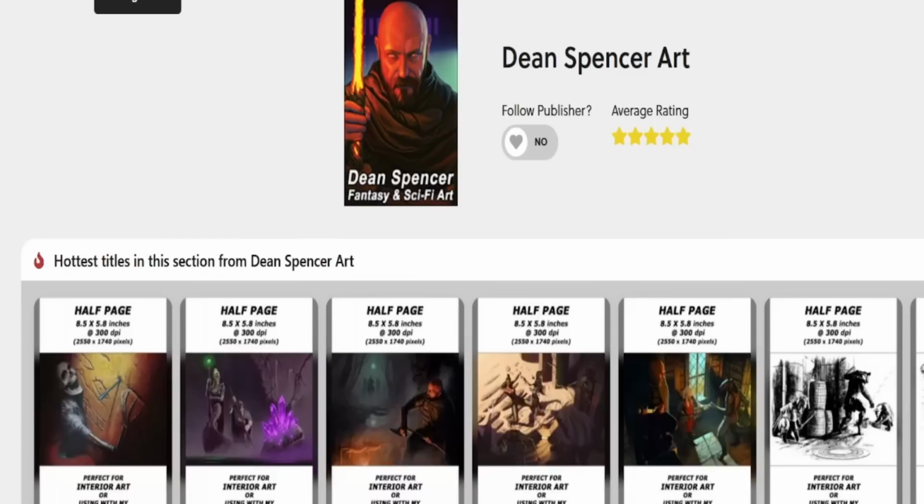And licensing this art is actually really affordable. The half sheets, for example, a lot of these half sheet pages were about $3.50. There was some cover art that's about $15 to $16. Now, one of the counter arguments is, but this isn't going to be unique. But Dean Spencer is one of several thousand artists that I was able to locate on DriveThruRPG that do this kind of work, and he has several hundred different pieces of art.